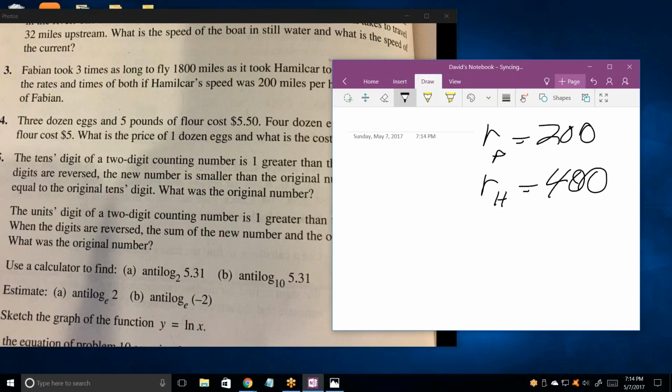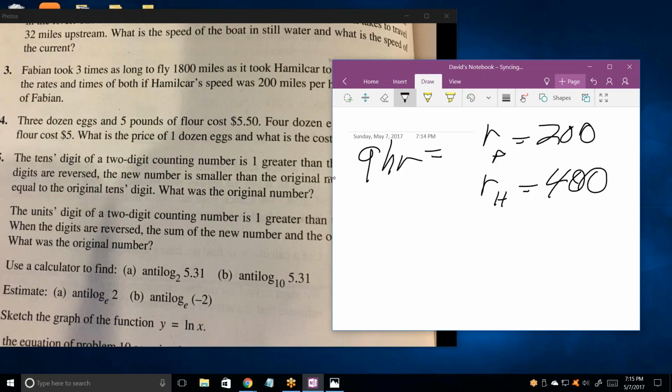Okay, now, does this make sense? Fabian took 3 times as long to fly 1,800 miles. Well, how long would it take Fabian to fly 1,800 miles at 200 miles an hour? It would take 9 hours.